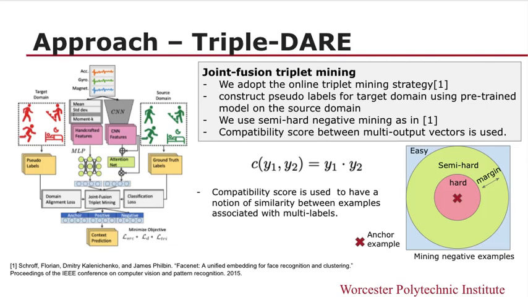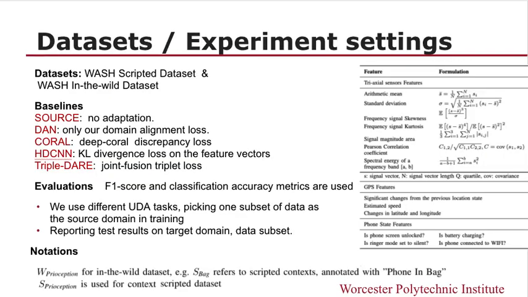But for multi-labeled data, we needed this notion of similarity. So finally, the goal is to pull samples with high compatibility scores to be close within a margin, and similarly push samples with lower compatibility scores.